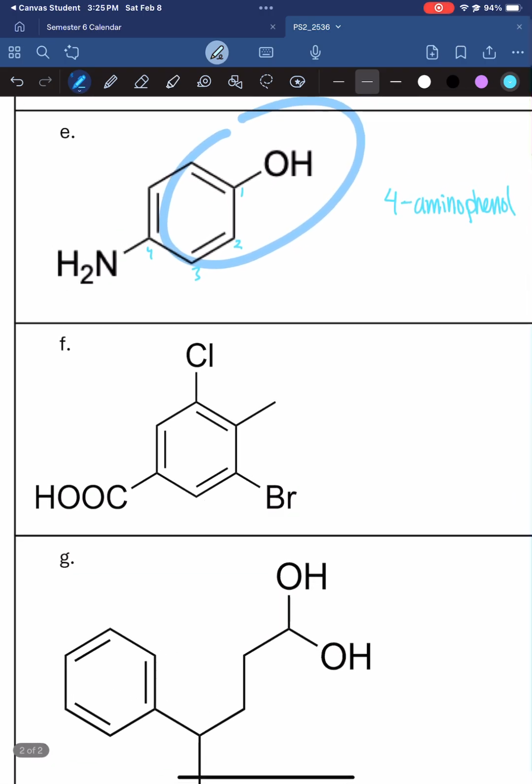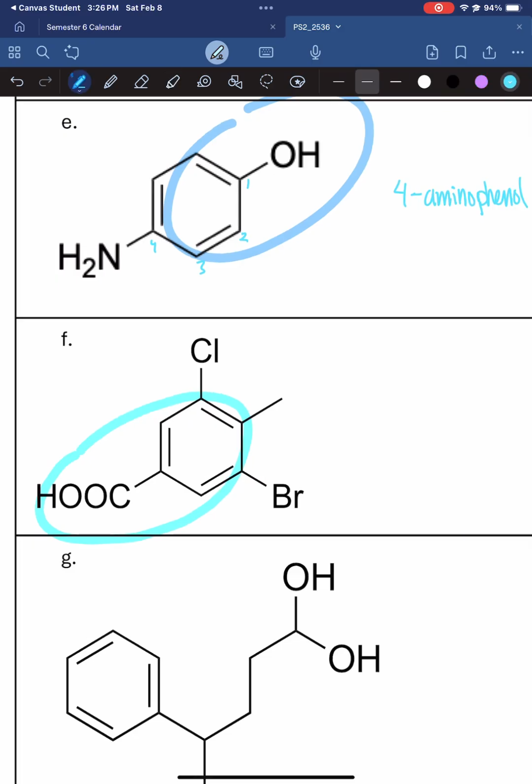Awesome. So now let's look at letter F. We're going to see here, the main parent chain is going to be right here. This is a benzaldehyde. Sorry, benzoic acid, my bad. This is a carboxylic acid group, so this is benzoic acid. We're going to start the naming scheme at that carbon right there.